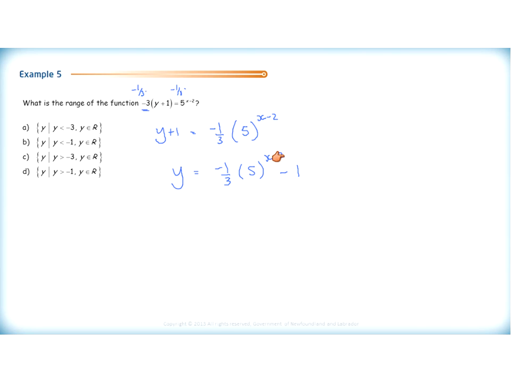It doesn't matter what you do with the graph horizontally. If you move it left or right, or if you stretch it, it will not affect the range. You think about that. I can stretch the graph horizontally as much as I like. I can move it left or right. The range will not be affected. The only thing that affects range are A and K.